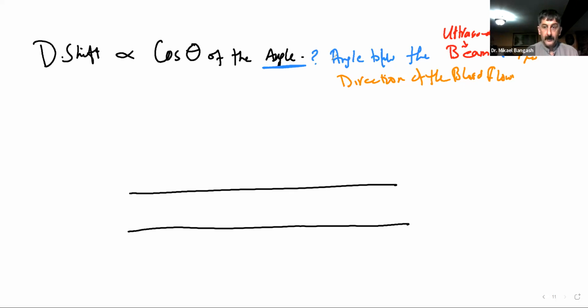And mainly, let's just take one direction. And we say if this, in this instance, was the direction in which the blood was flowing, right? And now we're going to talk about the angle between the beam.